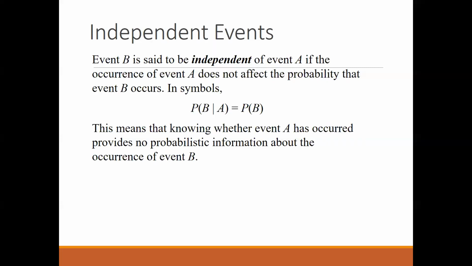So if A and B are independent events, then the probability of B given that A has occurred will be written just as P(B), nothing else, because it is not depending on A. Whether A occurs or not, it hardly matters. While giving you the problem, they might use words like independent, dependent, and so on. So you have to decide which formula to use, and then take the right formula and solve the problem.